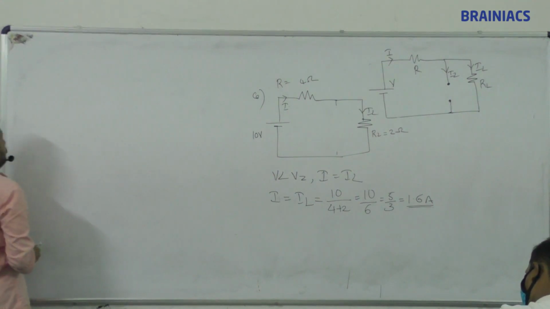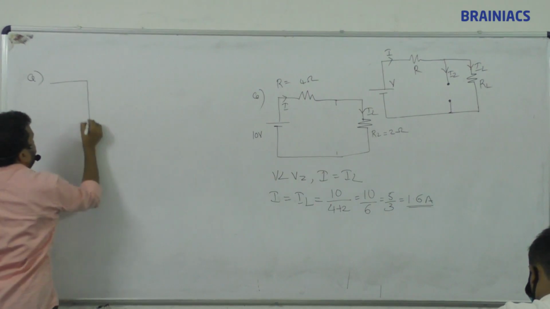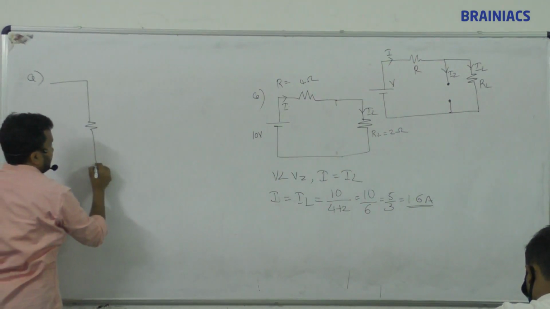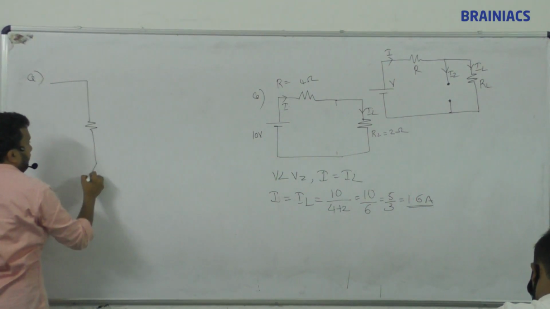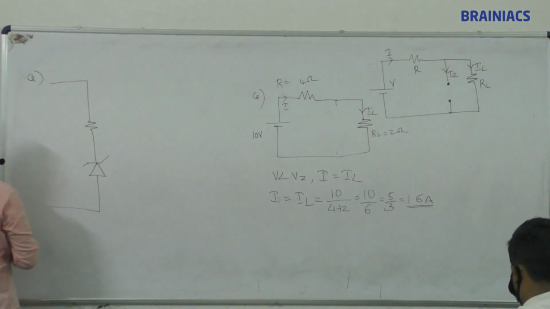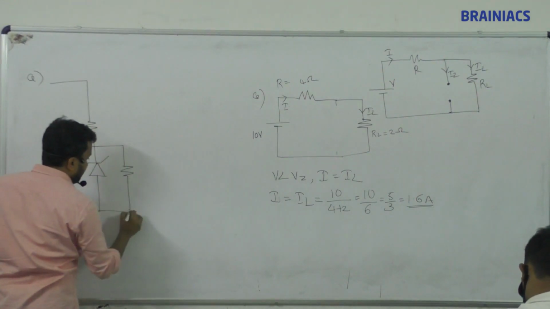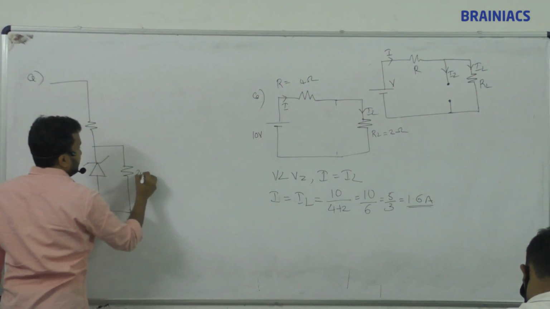Next, for the given circuit, the current through the Zener diode is how much?